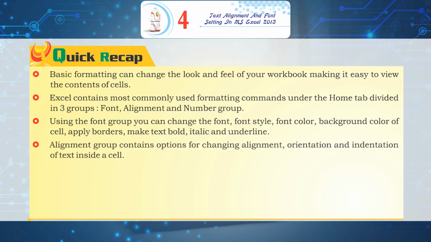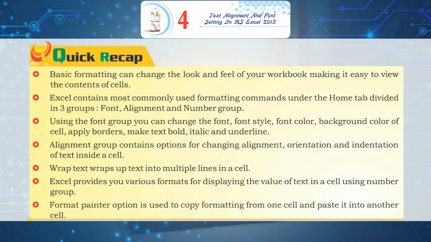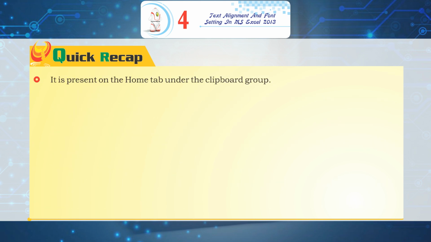The Alignment group contains options for changing alignment, orientation, and indentation of text inside a cell. Wrap text wraps up text into multiple lines in a cell. Excel provides you various formats for displaying the value of text in a cell using the Number group. The Format Painter option is used to copy formatting from one cell and paste it into another cell. It is present on the Home tab under the Clipboard group.